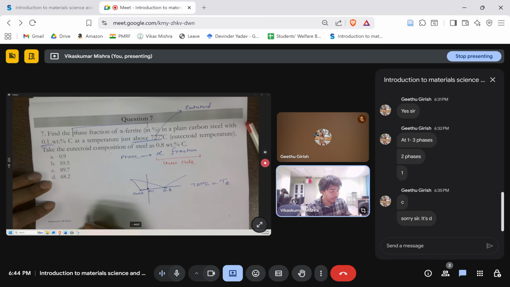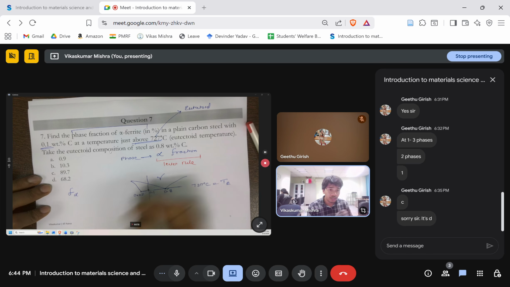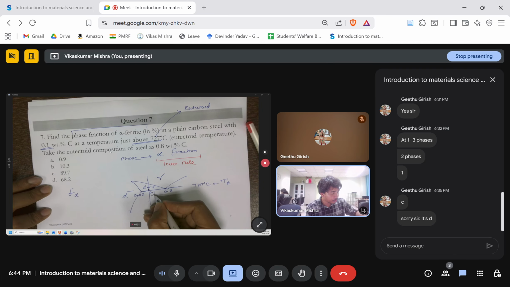Our aim is to find the fraction of alpha phase. What are the phases that are there? Gamma. If I complete this, this is alpha. So what we have is alpha plus gamma. Alpha is this side and gamma is this side. So we have to find the alpha fraction, so we'll take the opposite arm.